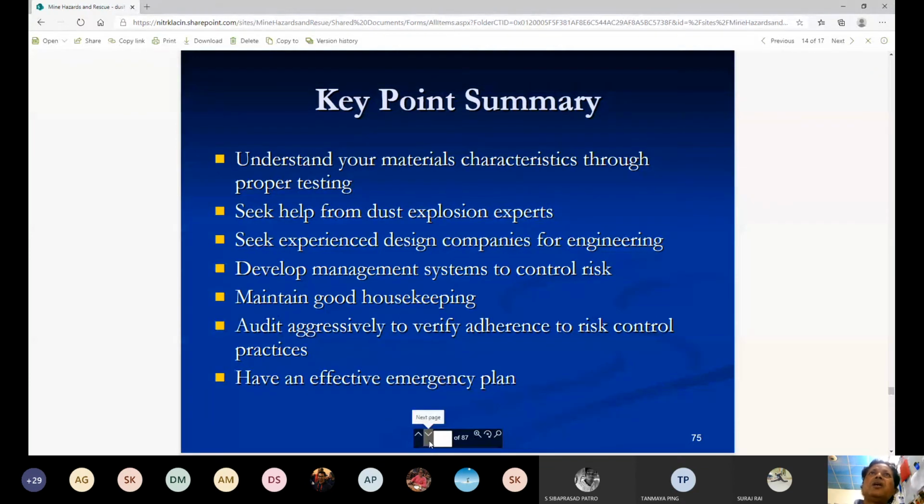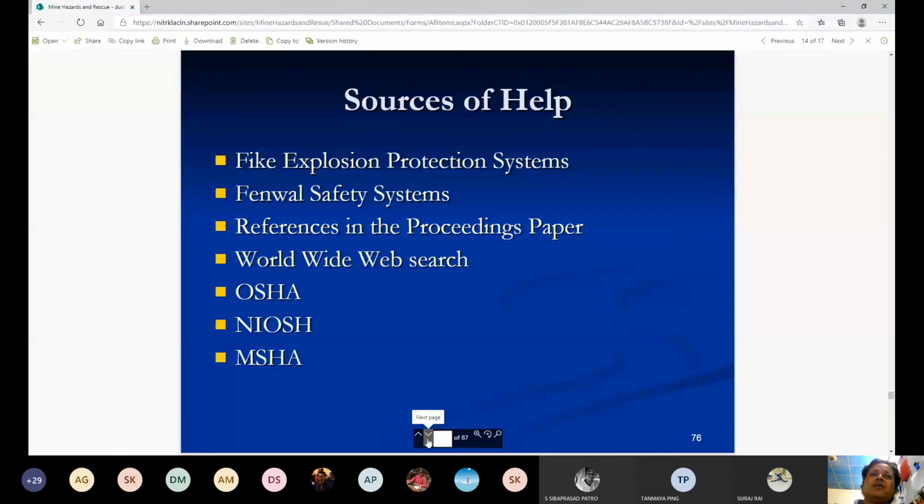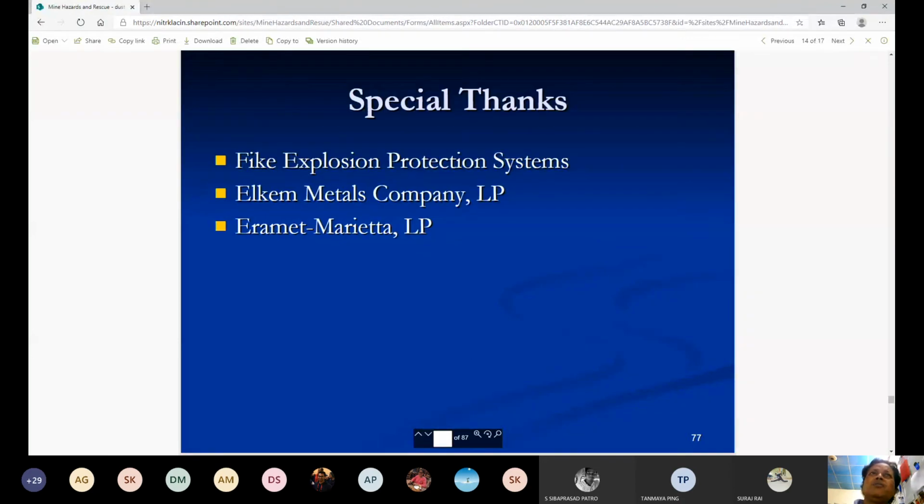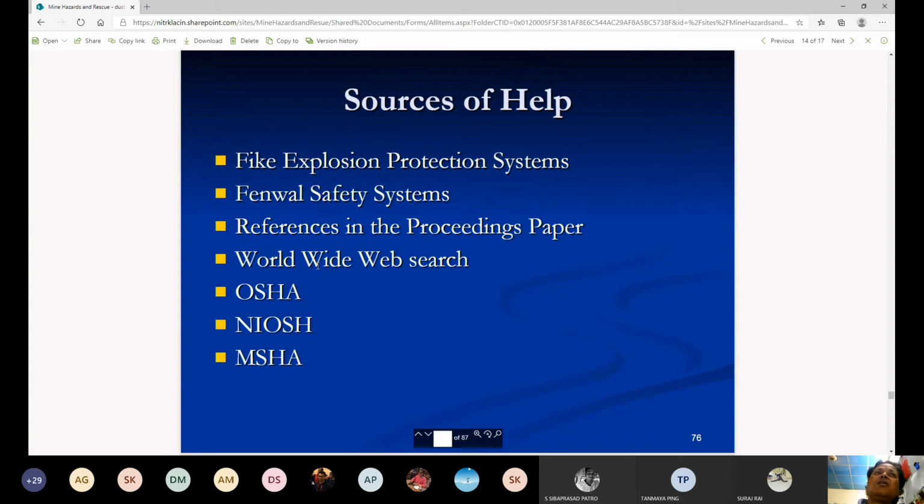And if you take all these parameters into consideration, then only you can control the coal dust explosion.